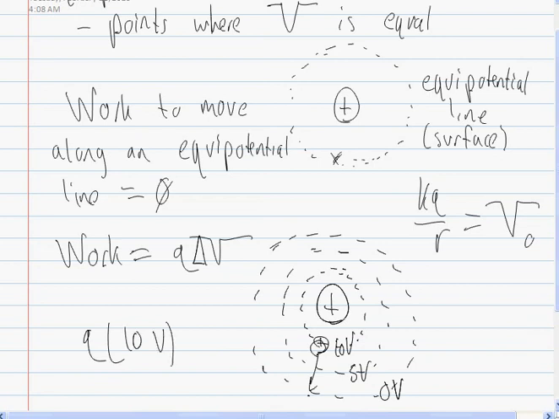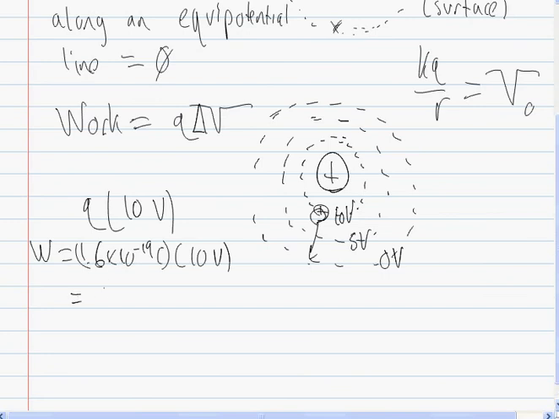If this test charge was a proton, the work would be the charge of a proton, 1.6 times 10 to the -19th, times 10 volts. So that's 1.6 times 10 to the -18th joules. Remember, a volt is a joule per coulomb, so it's telling us how much potential energy per charge. So that would be the amount of work done by the field.